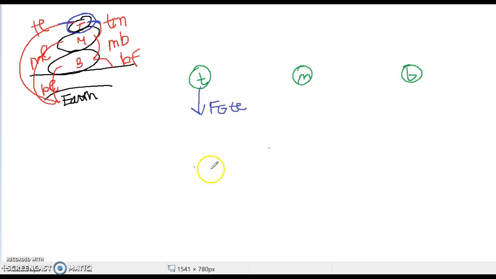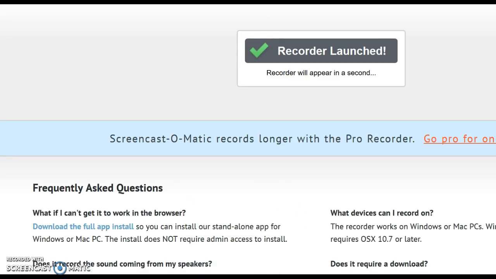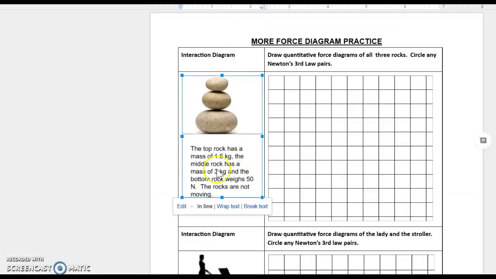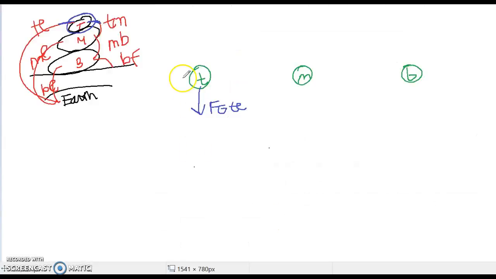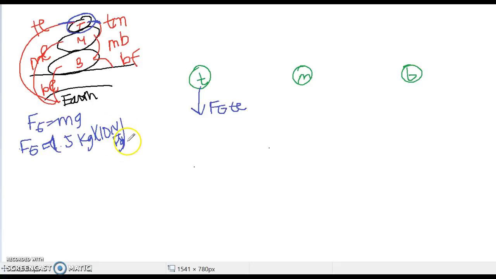All right, and then that amount is, wrong thing. That's the wrong thing. Top rock has a mass of 1.5 kilograms. Okay, so if the top rock has a mass of 1.5 kilograms, I want to find the force of gravity acting on it. Okay, so if it's 1.5 kilograms times 10 newtons per kilogram, that's going to give me the weight of the rock.